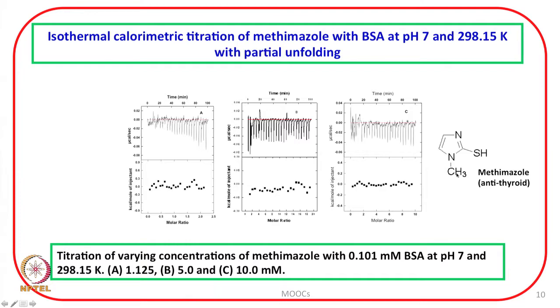So, what we have discussed in this lecture is that the data obtained from isothermal titration calorimetry with a variety of drug molecules, first of all, the shape itself will clearly give you an indication of the relative strength of binding.